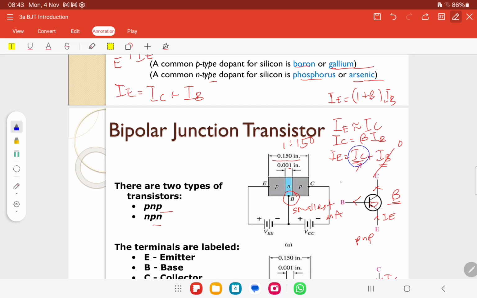This IC, replace this IC with beta IB. So factorise, take out IB, and you can get this relationship above. It's just substitution. But the important one is these 2. IE equals to IC plus IB, that one is common. Okay, this is the important one.